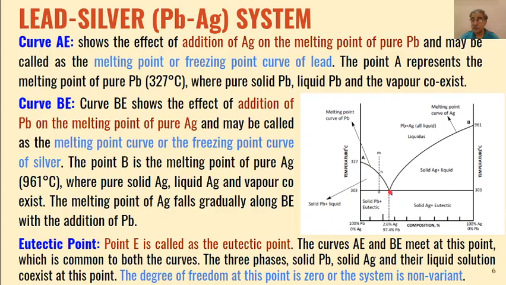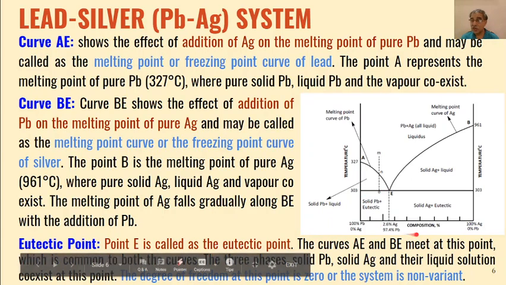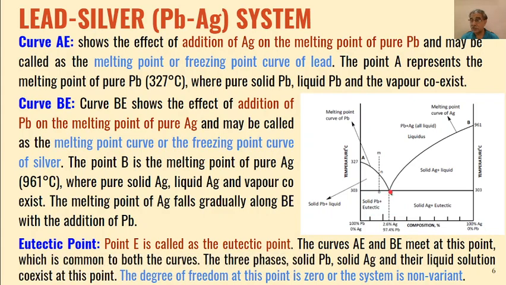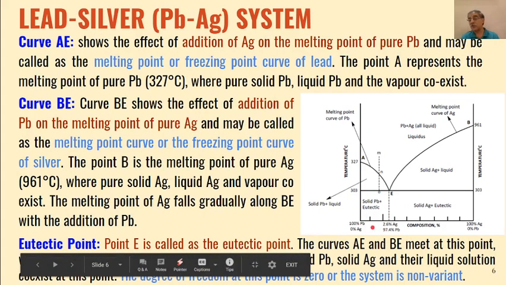The temperature is 303 degrees centigrade, and 2.6% of silver and 97.4% of lead are present at E.